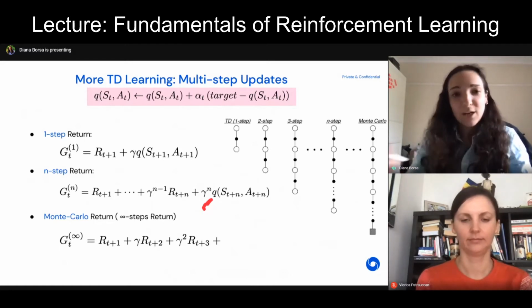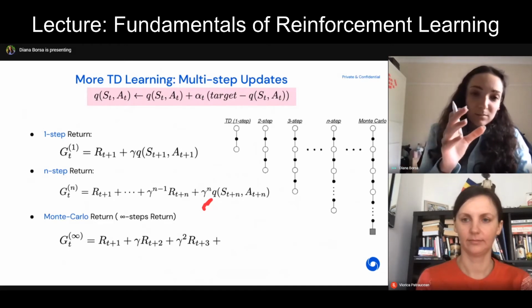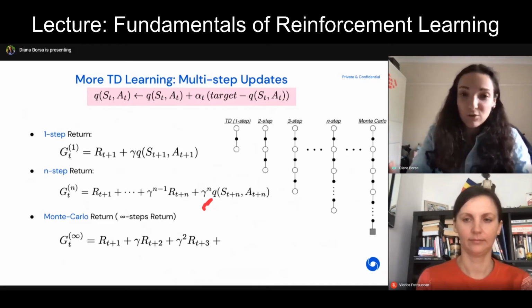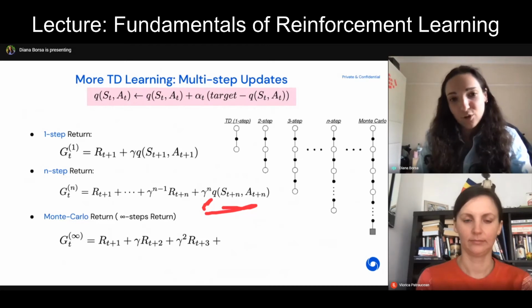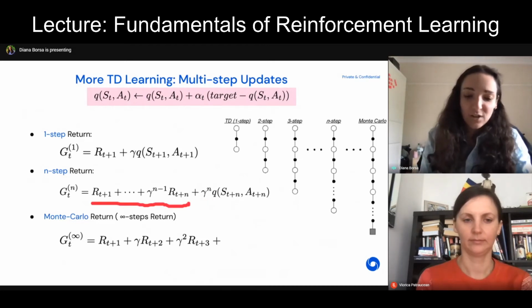So there's a spectrum there between how much bias you're introducing via this bootstrap, and how much variance you're introducing by the n steps that you are recording in the sample.